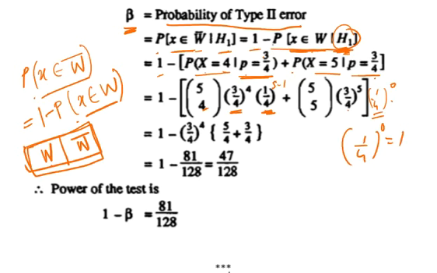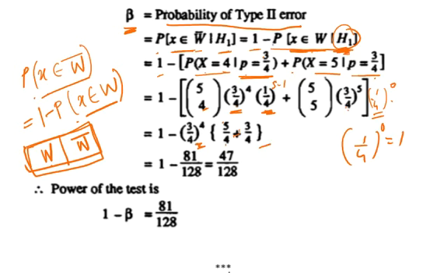So 1 minus, here 5C4 is 5, 3 by 4 to the power 4, and again from here 3 by 4 to the power 5, with 3 by 4 to the power 4 taken as common. So 5 times 1 by 4 remains, plus 3 by 4.